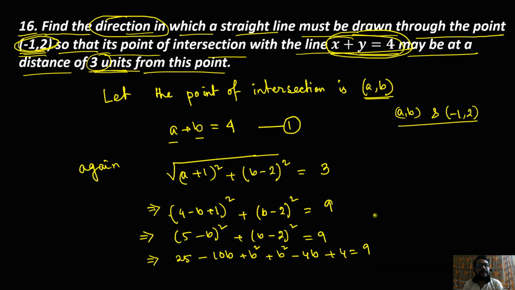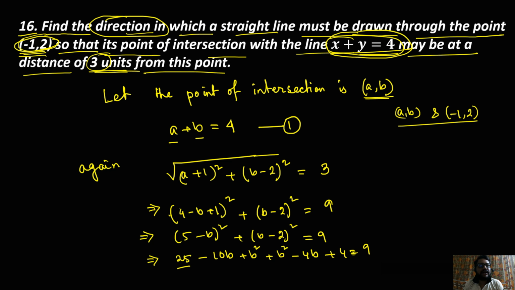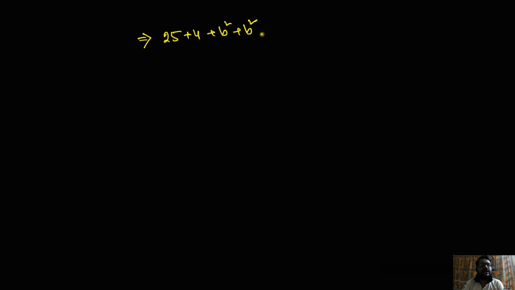So on the next page we are going to solve this equation. That means 25 plus 4, and b square plus b square, and minus 10b minus 4b, equal to 9.